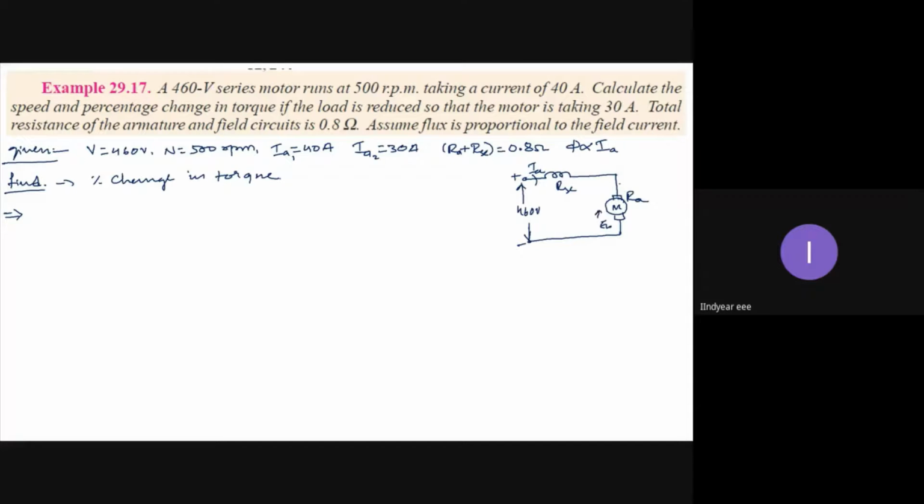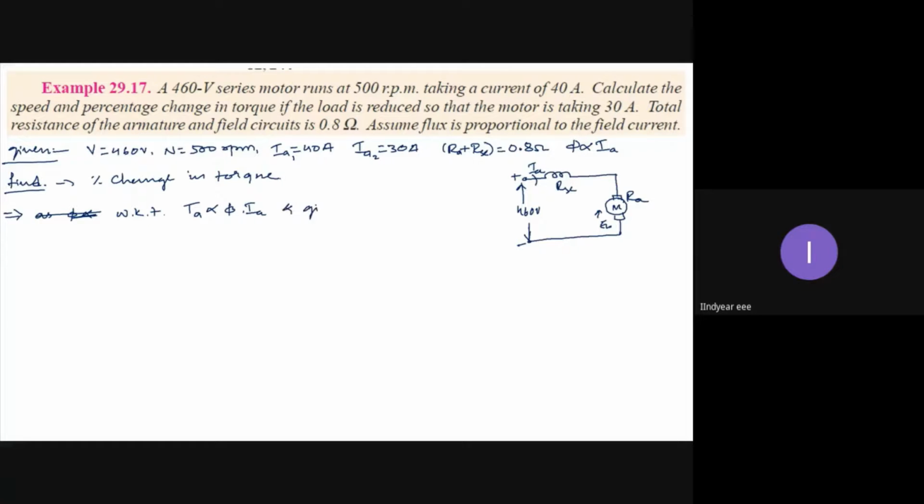EB is opposite. Now, we know that TA is proportional to phi into IA. From the equation, we know this. TA is proportional to phi into IA.